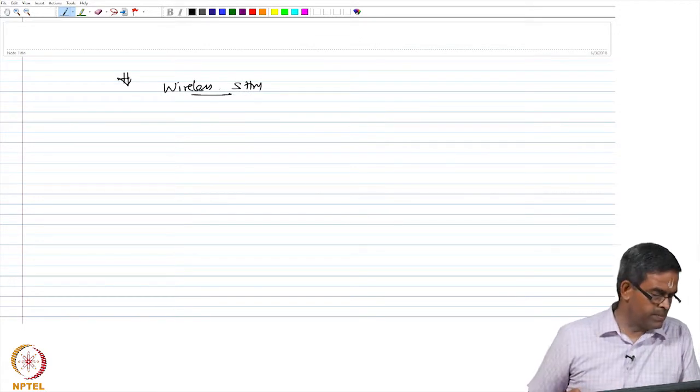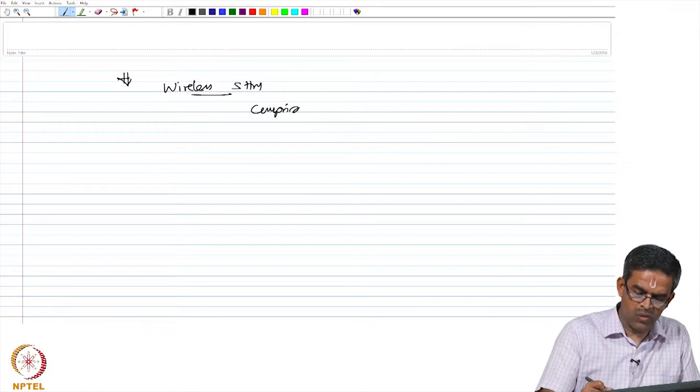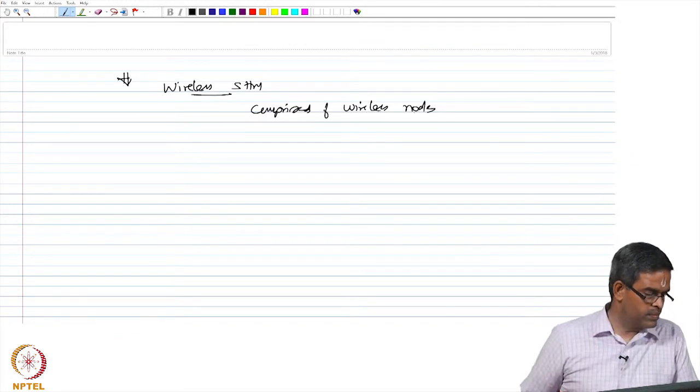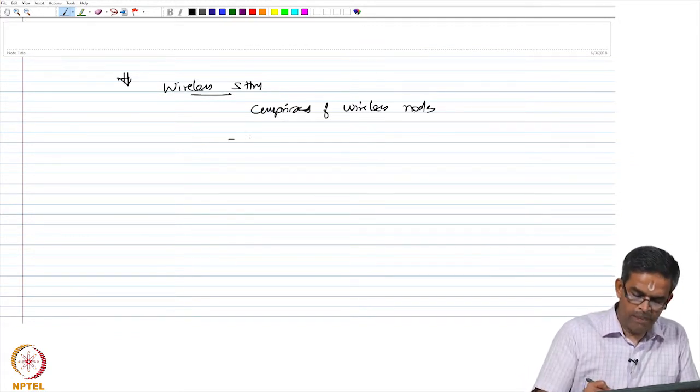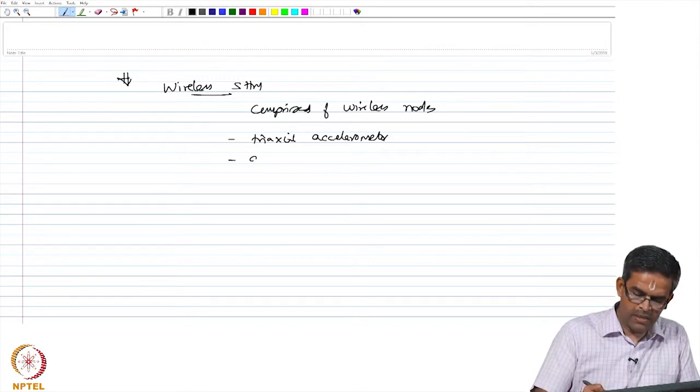Wireless SHM comprises of, we know, wireless nodes, maybe it may contain triaxial accelerometer, a base station and a host computer.